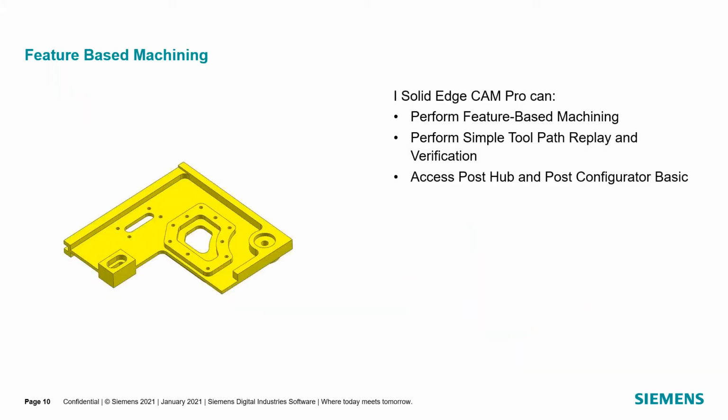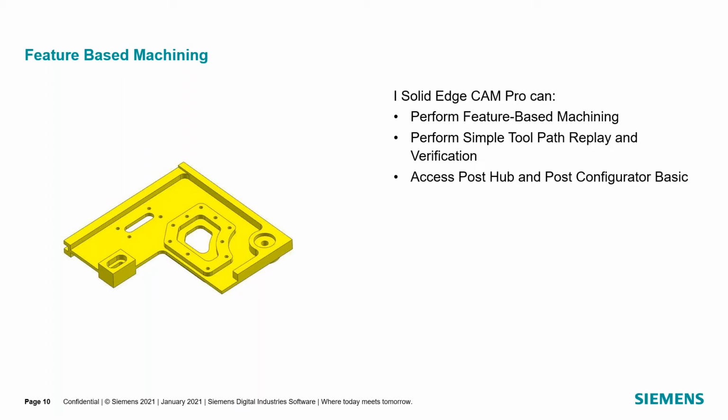This is not the end, because if you want to do automation, we support that too. Solid Edge CAM Pro even offers feature-based machining. Many times parts will have multiple features which we can automate, right? For example, if I have a hole, a pocket, a milling feature, or a drilling feature, those kinds of features can be automated, and you can optimize the rules and we optimize the toolpath.